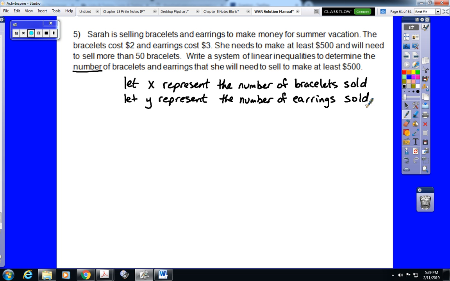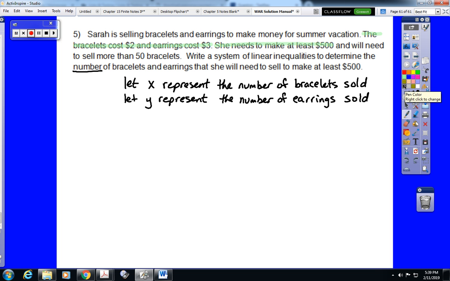When we do that, we have 2 pieces of information in the problem that will lead to linear inequalities. We are told that the bracelets cost $2, the earrings cost $3, and that she needs to make at least $500. That is one of our 2 equations.